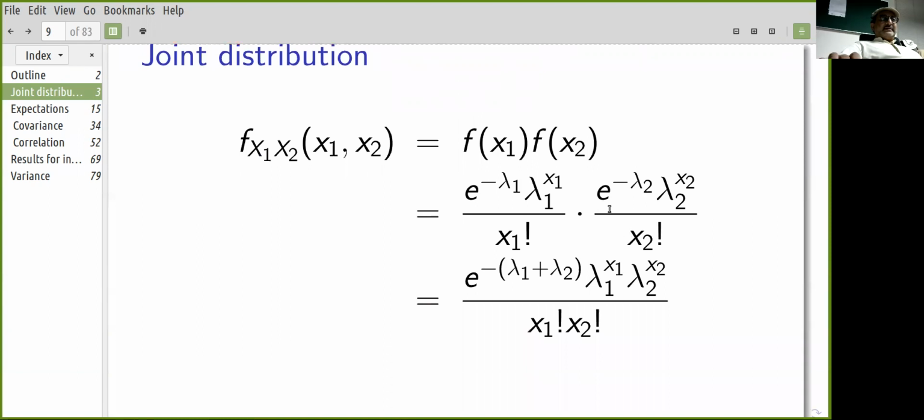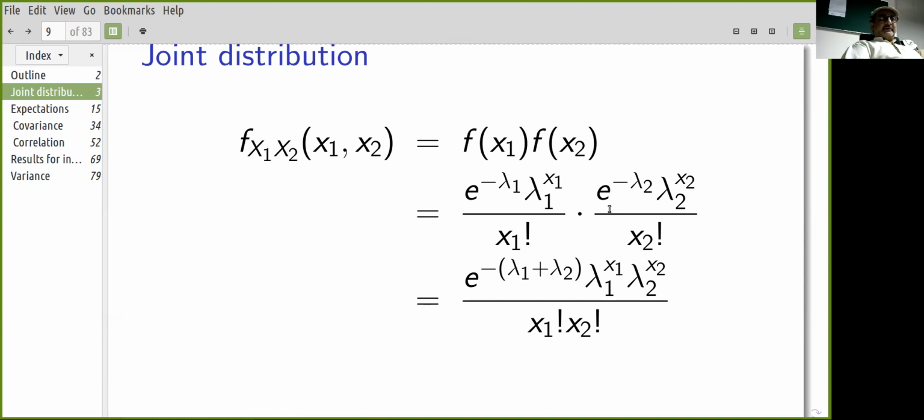So we were told that x1 and x2 were independent of each other, two independent random variables. Then their joint PMF will be the product of the individual PMFs.